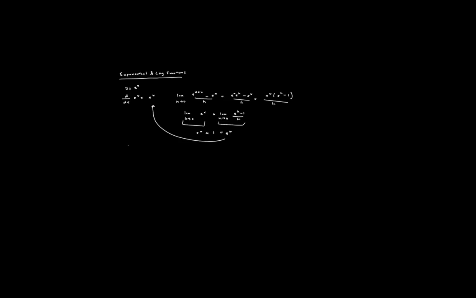Now, what if you have a random base like a, for example, right? So what is the derivative of a to the x? One cool thing is we can always represent any random base in terms of e, and then we can always look back at our differentiation rule for e.